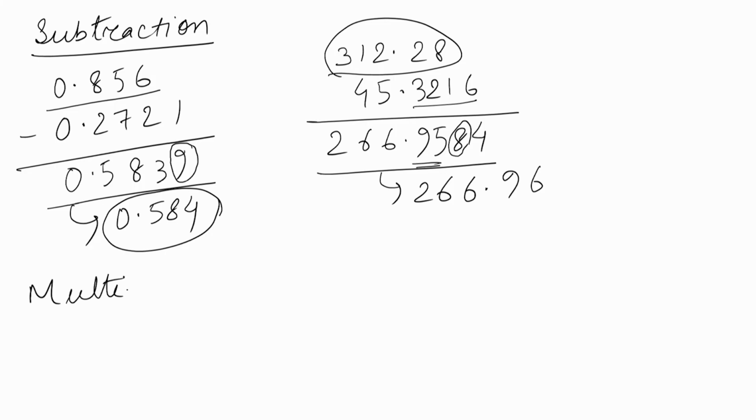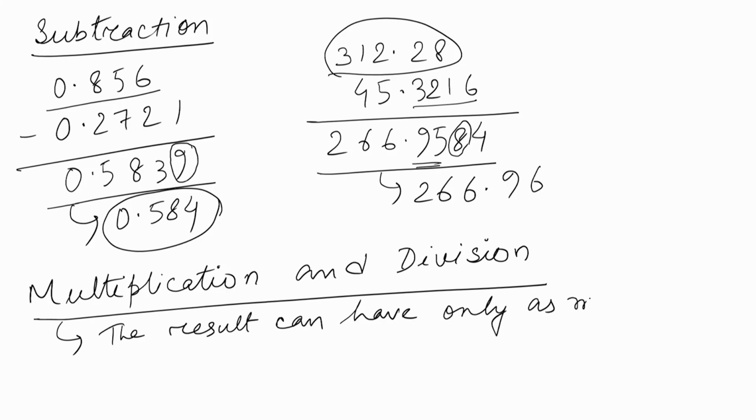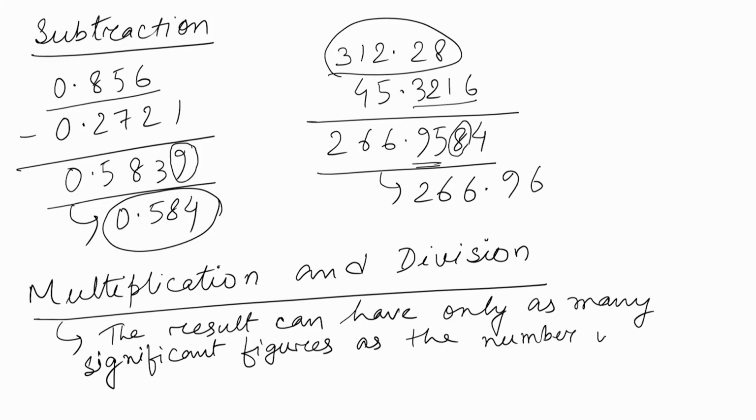So, multiplication and division have a common rule which says the result can have only as many significant figures as the number with the least significant figures. Okay.